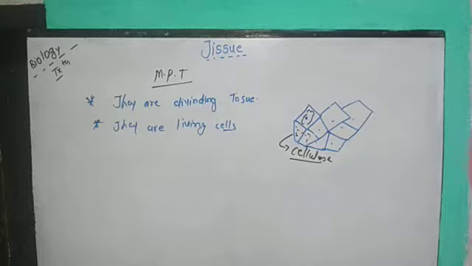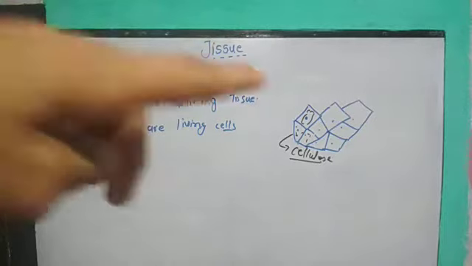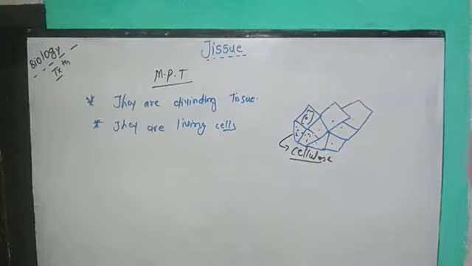They are mostly living cells. And as I told you, their shape is not fixed, as they are mostly irregular shaped. One more thing is that they have a cellulose coating on the walls of their cells. And now we are going to see the types of meristematic tissue.